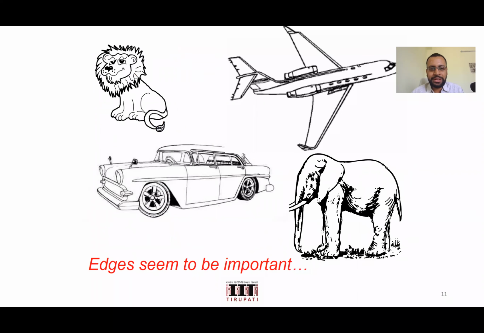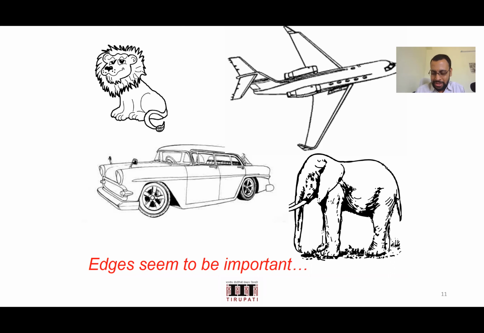Say, for example, tell me what is this object? Lion. A car here, an elephant here, a flight here. But we are not at all looking into the content here. All that you had is line drawings, nothing more. Even from the line drawings we are interpreting things.